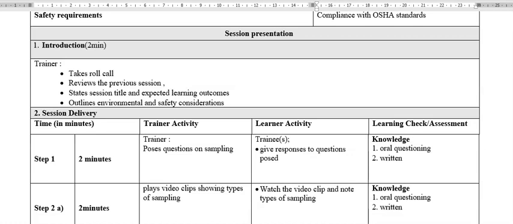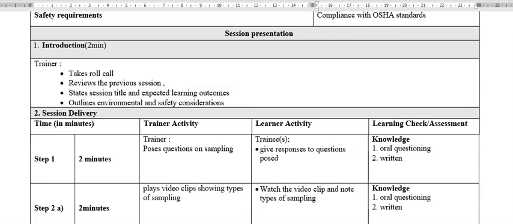Mike has said that the non-probability type of sampling is a type of sampling where individuals are selected in a non-random way. So here, in the non-probability sampling, not every member has a chance to be selected or to participate in the research exercise. That's very correct.